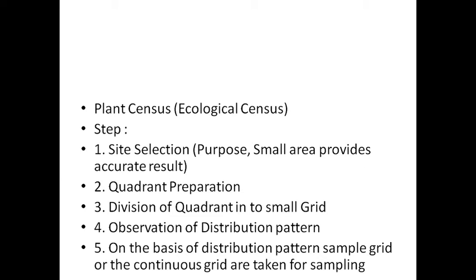If the plant species diversity is uniformly distributed throughout the area, then only two or three sample grids are selected for the identification of plant matrix. And if the area is full of diversities, then students have to go for the continuous grids for the identification of the diversities of the plant matrix.